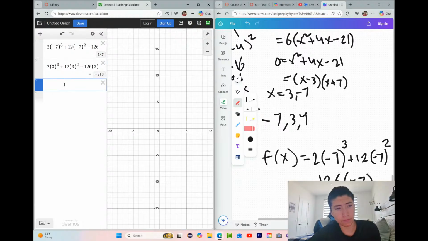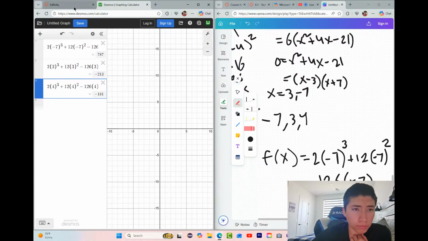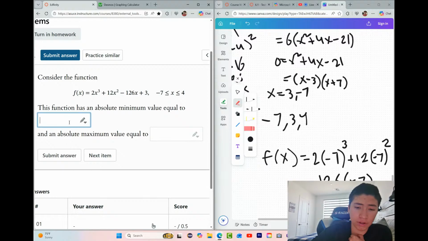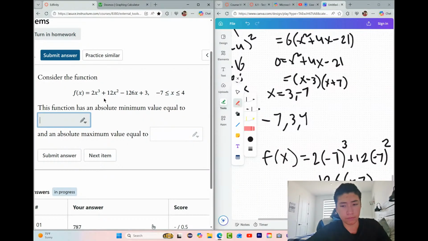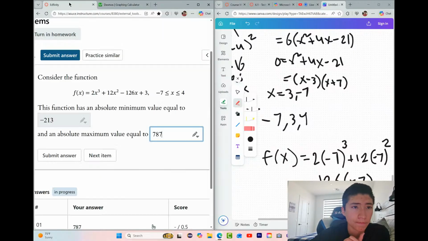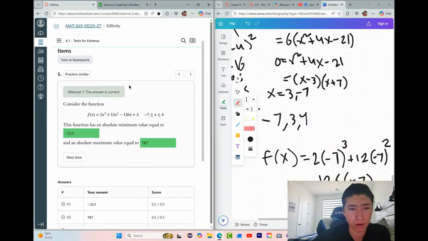And then we will check with 4. Cool. So we have 787. And this is the minimum. So this is, okay, negative 213, 787. Yeah. All right, I think that's correct.